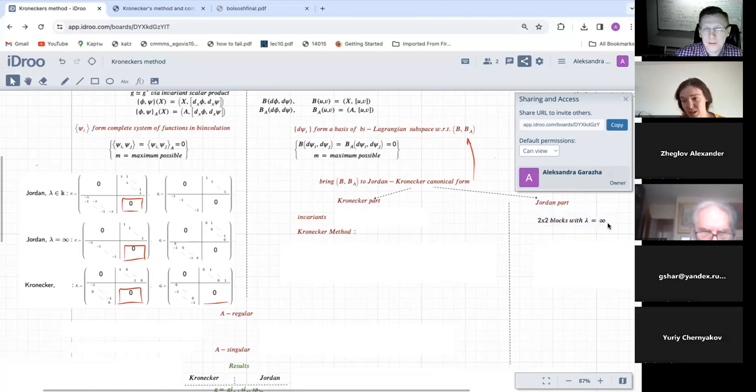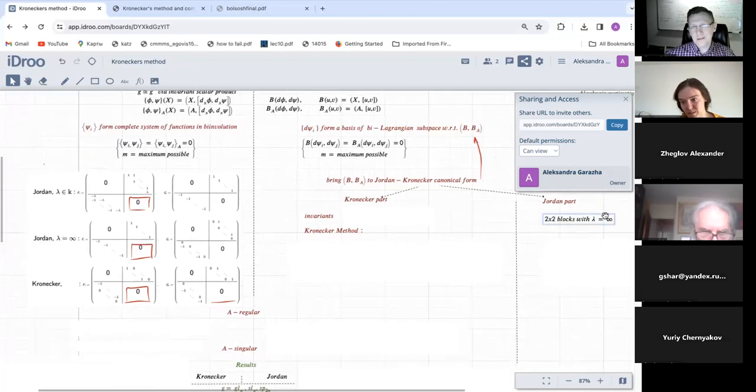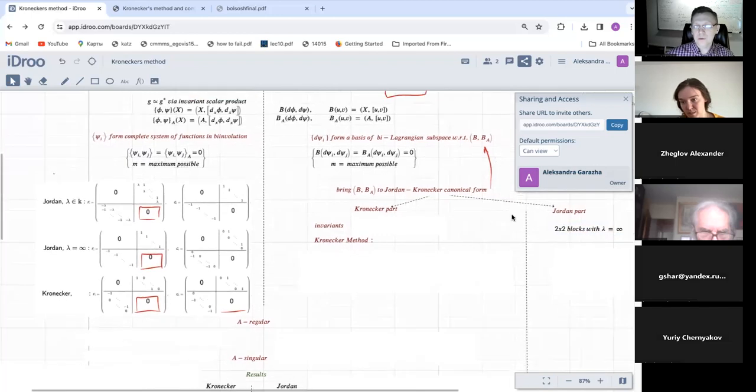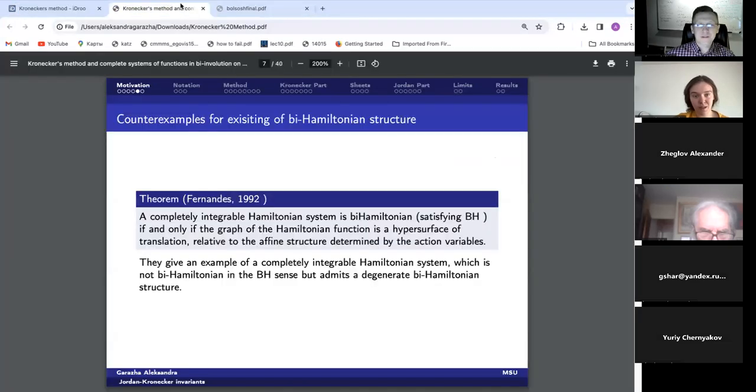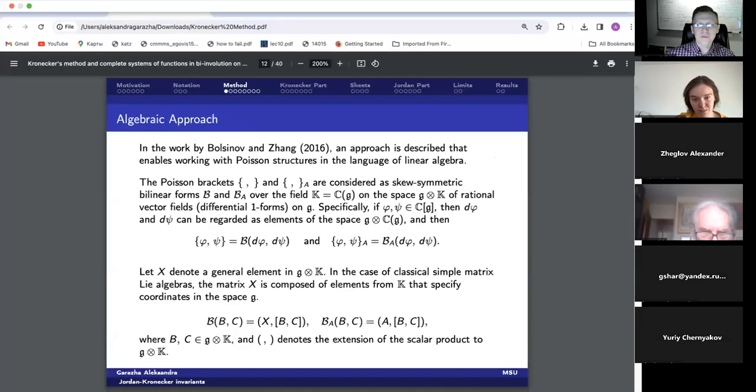So it's not important which properties of the field C we use, because the only important eigenvalue is infinity. Maybe it's true, but it's a little bit strange to me that the Jordan-Kronecker canonical form exists over such a field, a field of rational functions. Is it right or not? Or does it demand some ramification?